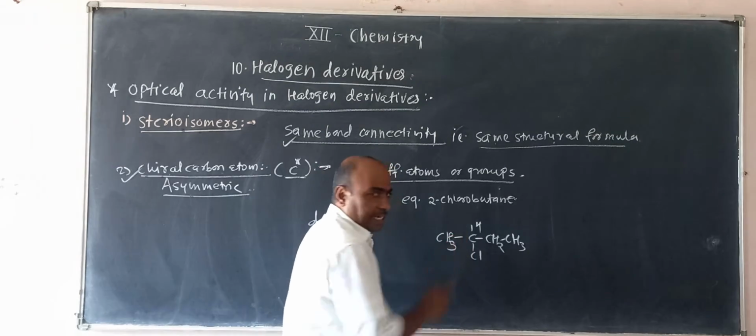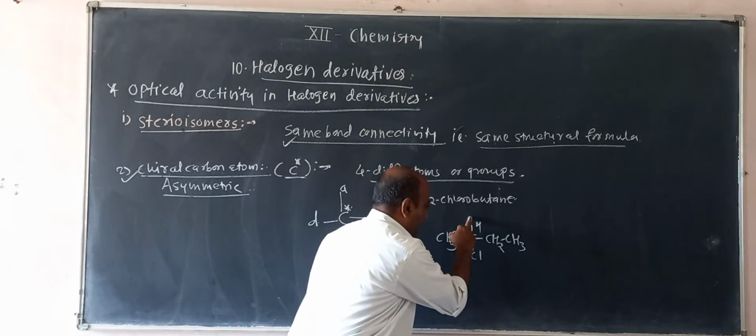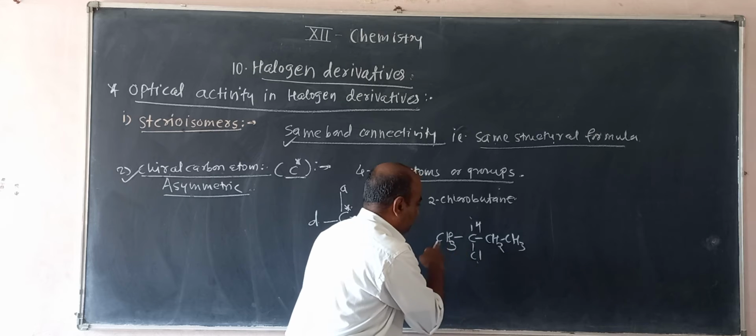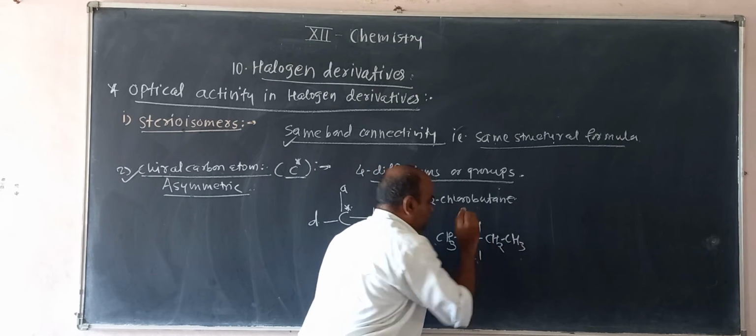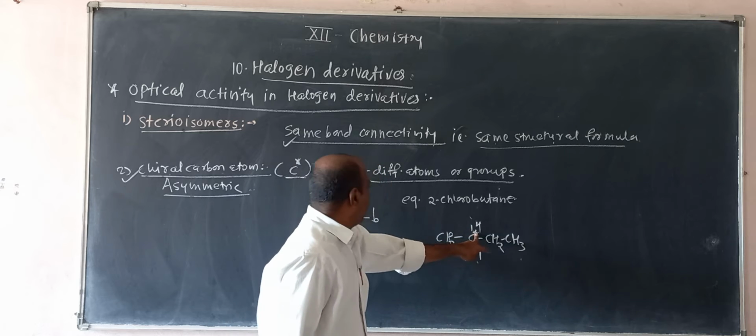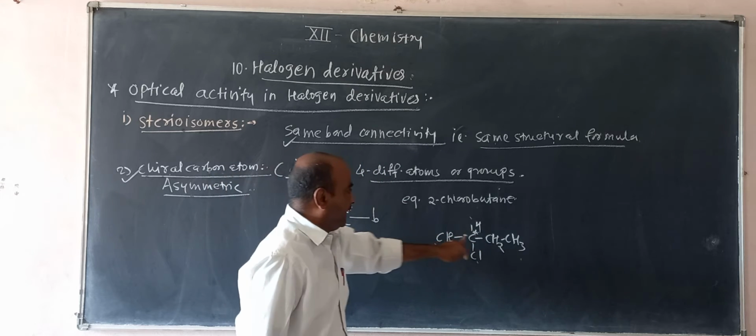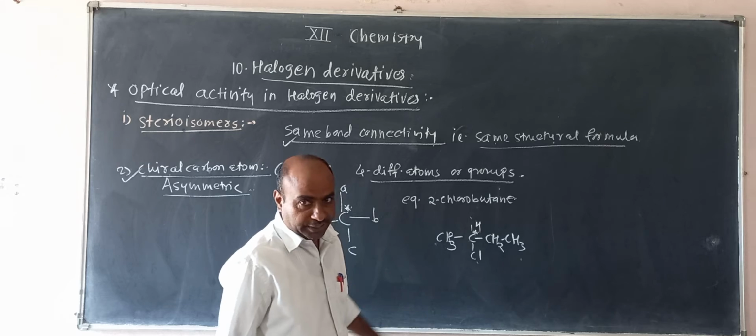The central carbon atom is attached to a hydrogen atom, a chlorine atom, a methyl group as well as an ethyl group. That's why this carbon atom is the asymmetric or chiral carbon atom in 2-chlorobutane.